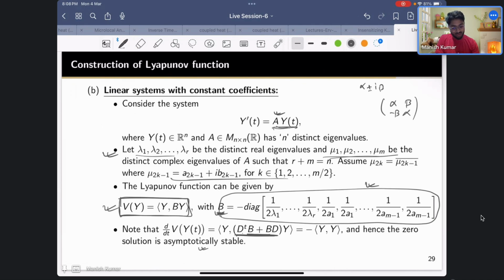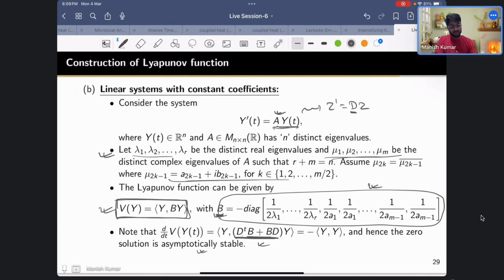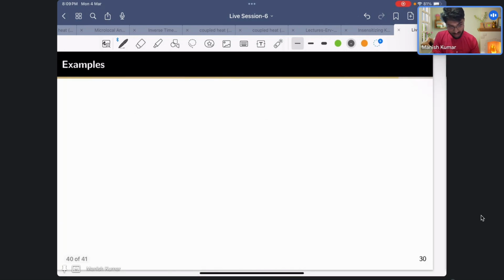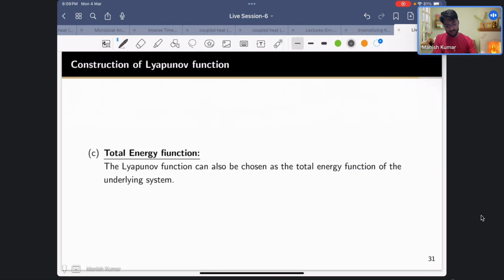I have not mentioned it, but D is something you reduce to a simpler form; D is the canonical form of the matrix A. So you can check that this will be -1 if you choose B in this fashion.